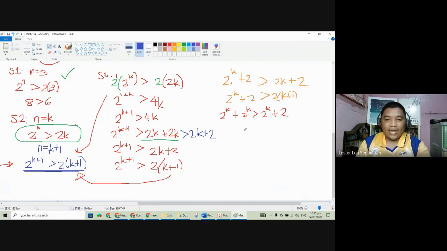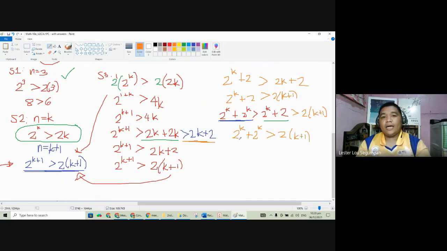Our point here is we added this in the inequality, and by continuing writing this expression, it will look like this. Just like what happened here, where we added something earlier. Now, let's cut the middleman, and we could have this expression. You have 2 to the power of k plus 2 to the power of k is greater than 2 times the quantity k plus 1.